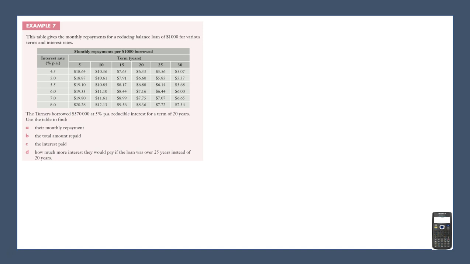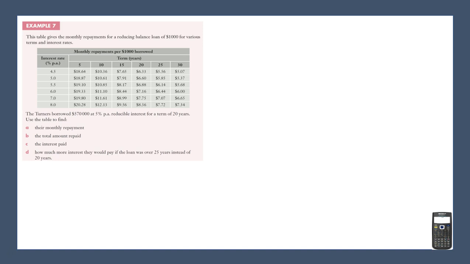Like I said, and I've said before, it's important always to read the information about the table. These are monthly repayments, so we don't have a lot of scope in this. With this particular table, we can't vary how often the payment is made.